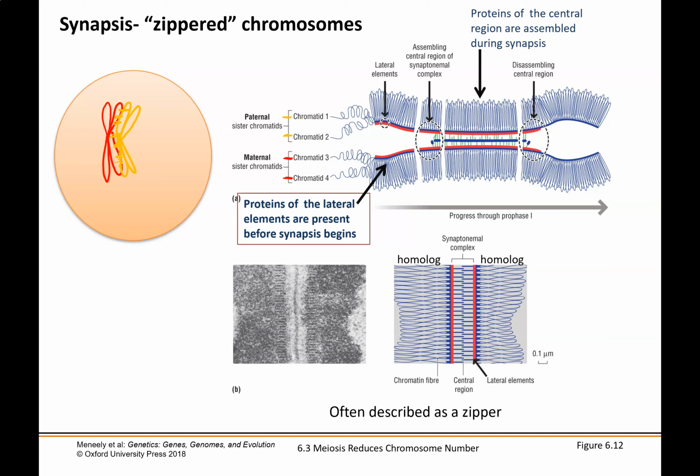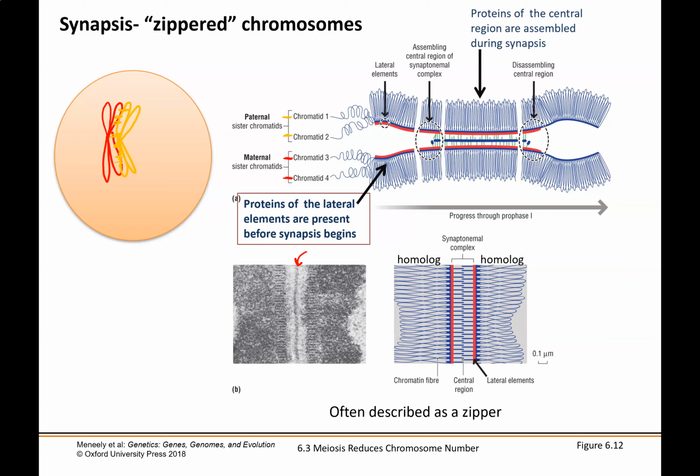If you think about what a zipper looks like on your sweater or your jacket, you can see that here. And it is basically little proteins that are lined up that are holding them together. So this helps to keep your chromosomes together. Remember, that's really important so that we partition them correctly at the end of meiosis.